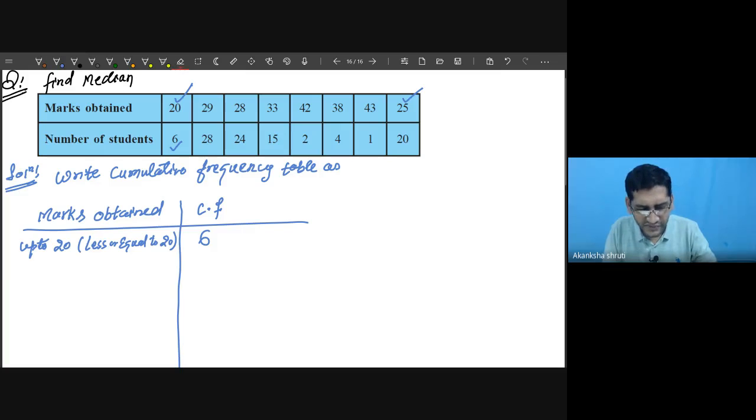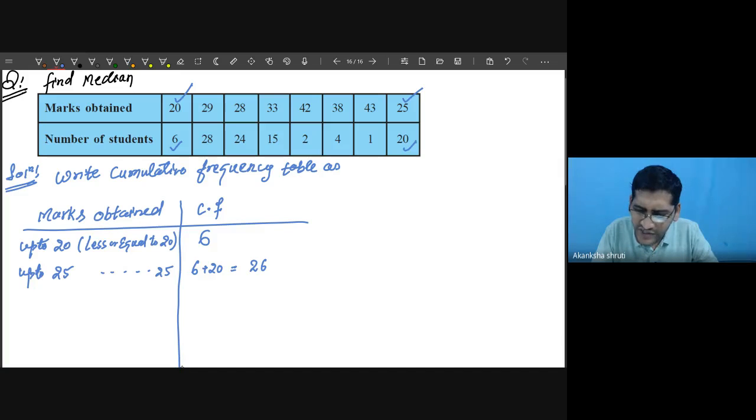Okay, student? So write this. Up to 25, or less equal 25, mean the same thing. What is that? That will include this 6, which is the prior one, and in this 20 will also get added. This is the 26. So that is over.